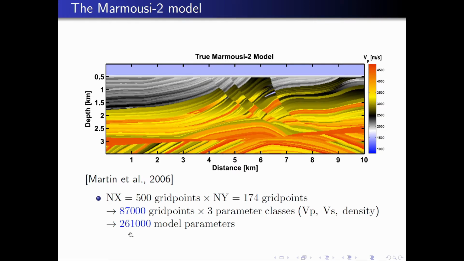So in total we have 261,000 model parameters. Yeah, that's quite a bit, but compared to more realistic models that's actually quite few model parameters, as we will see later on.